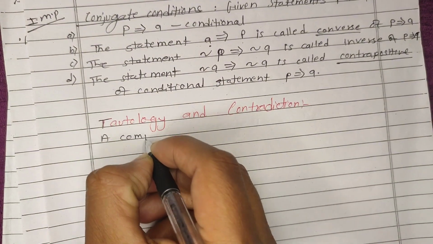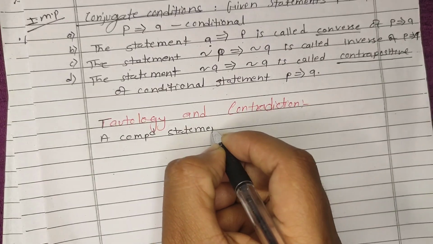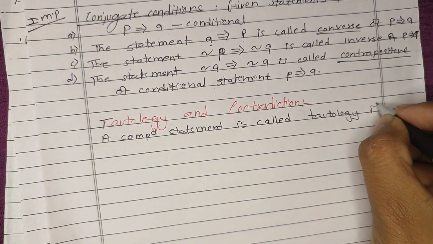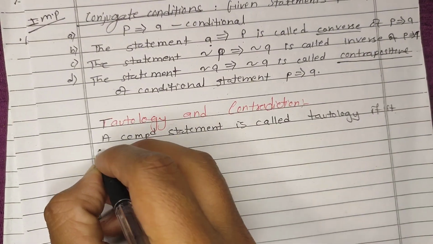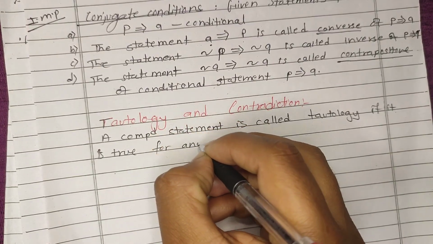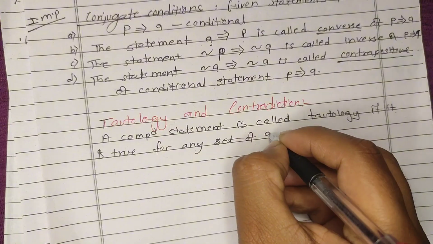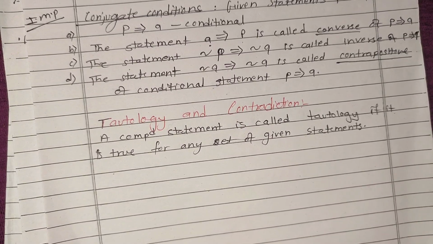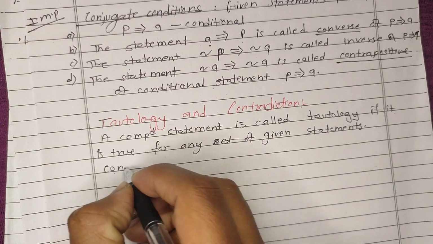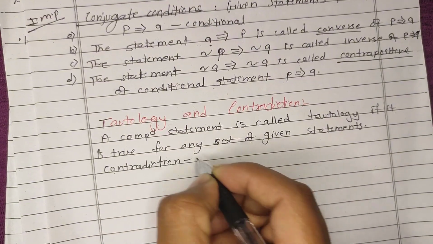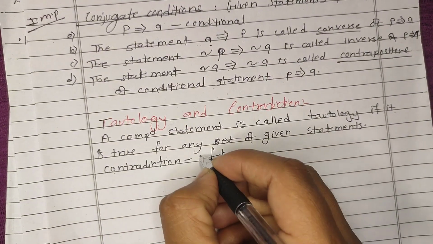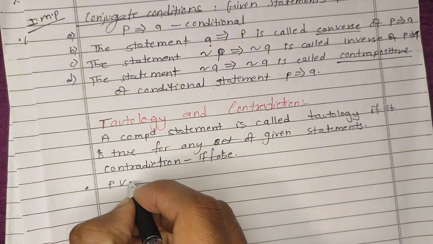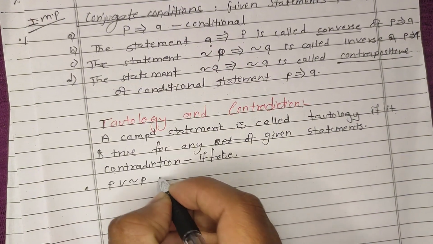A compound statement is called a tautology if it is true for any set of given statements. It is a contradiction if it is false for any set of given statements. An example: P or negation of P is a tautology.